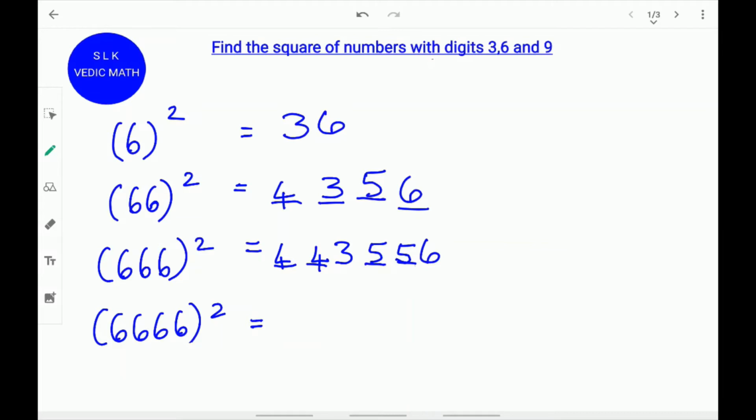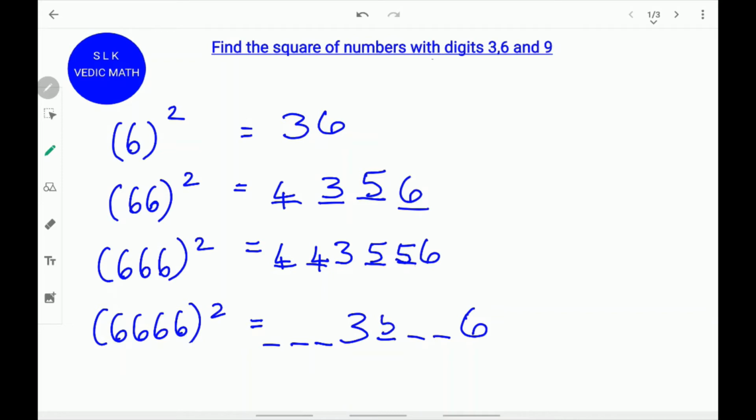Let's try another example. 6,666 square. Write 3 and 6 with a little more space in between. Since there are 4 6's in 6,666, there are supposed to be 3 digits on each side. 1 less than 6 is 5.